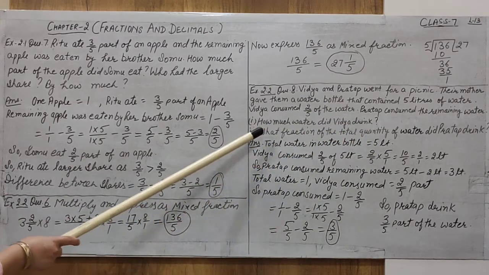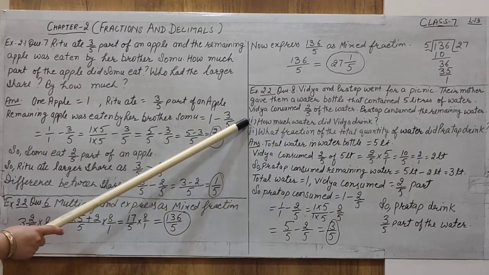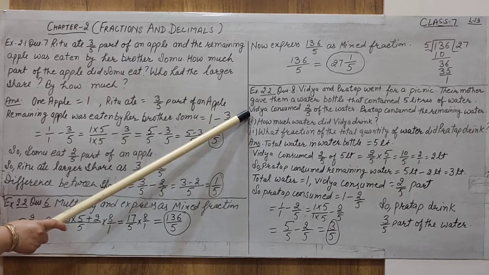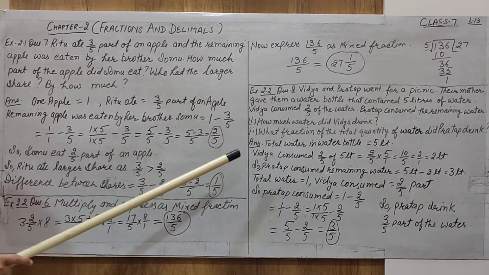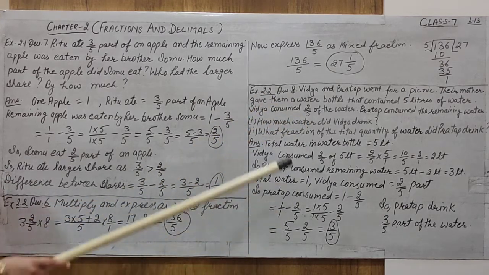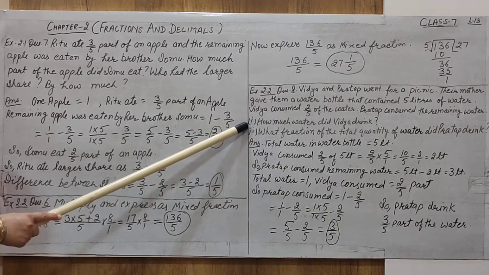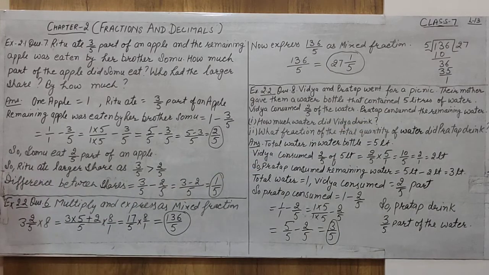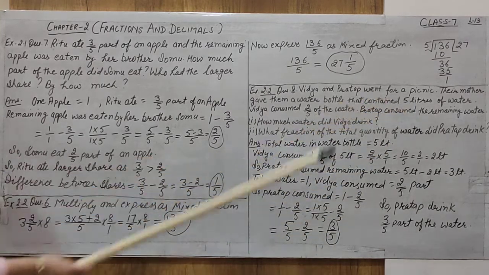First of all, how much water did Vidya drink? Vidya consumed 2 by 5 of the water. Only the part is given, that is 2 by 5 of the total. Alright. So, we have to find out the exact quantity because the quantity is 5 liters. This is the exact quantity given.